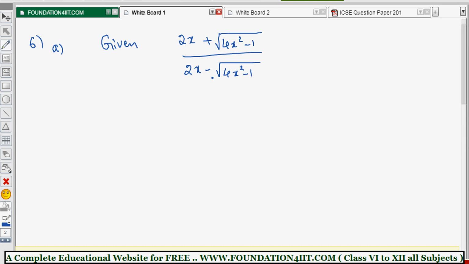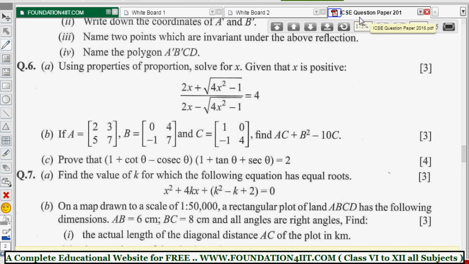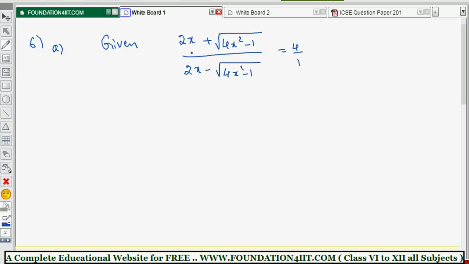So if the top is plus, the bottom is minus, that is equal to 4 by 1. 4 is given, you can take the denominator as 1. Right? Now we need to apply the properties. So applying componendo and dividendo we can solve this.